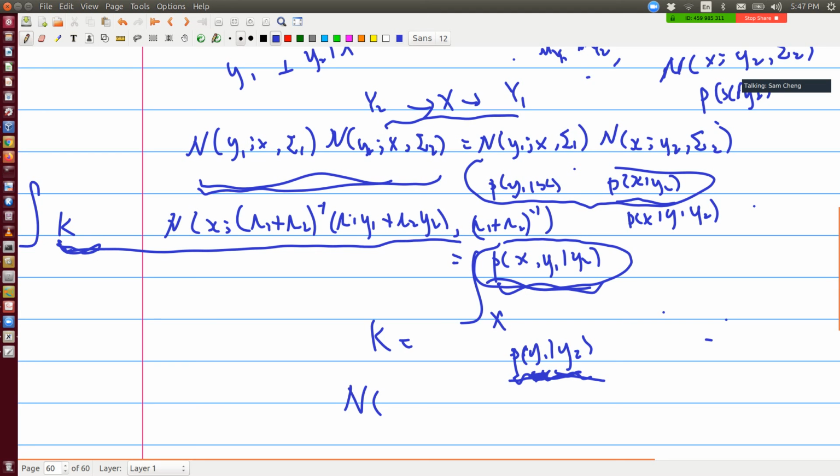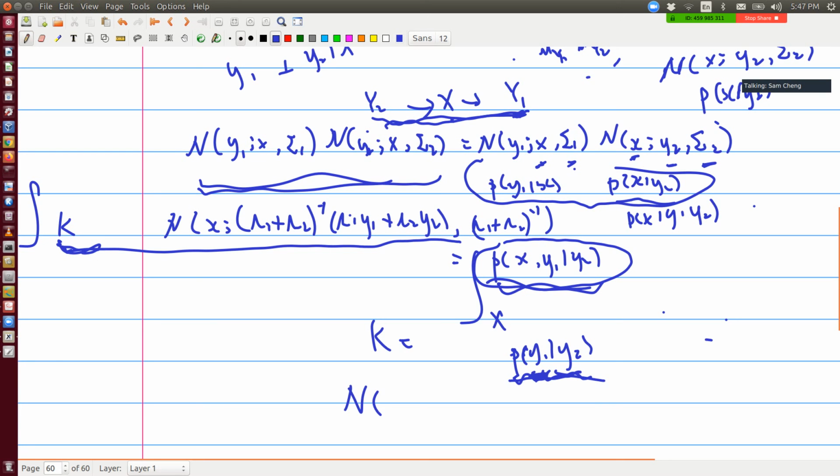What's the mean? Look at this picture again. Given y2, x is some random variable with mean y2 and some variance sigma. And then y1 is again a normal random variable with mean x and variance sigma 1.